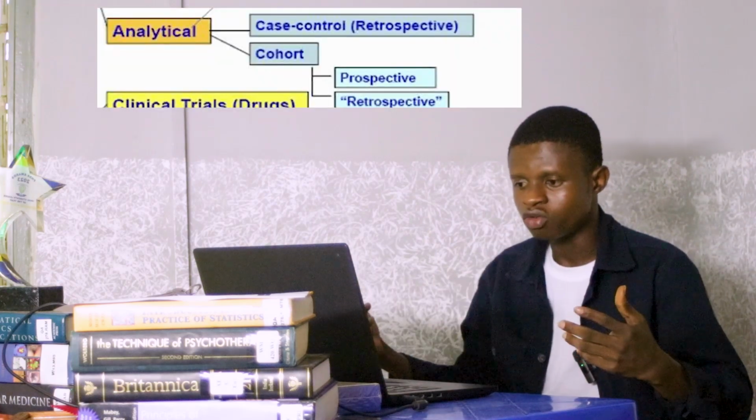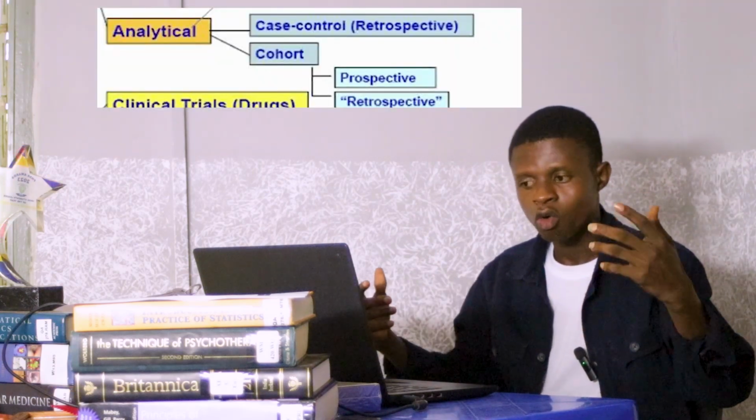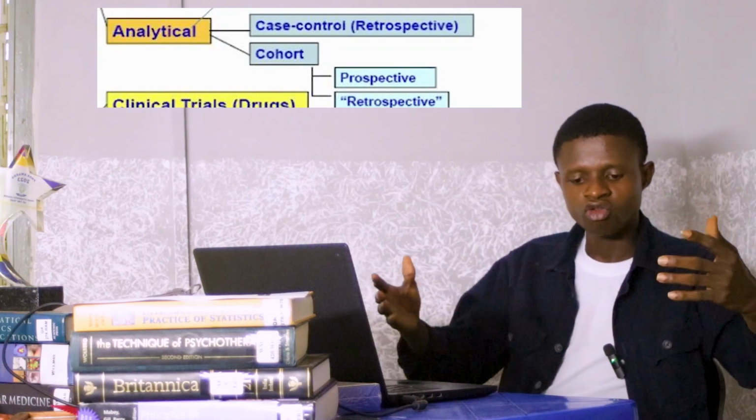So when we talk about the analytical study too, we can have case and control study and then cohort study. So case and control, you pick people that are with the disease against people without the disease, then you compare to find if there is association between them. And the cohort study too, it can be retrospective and then prospective.